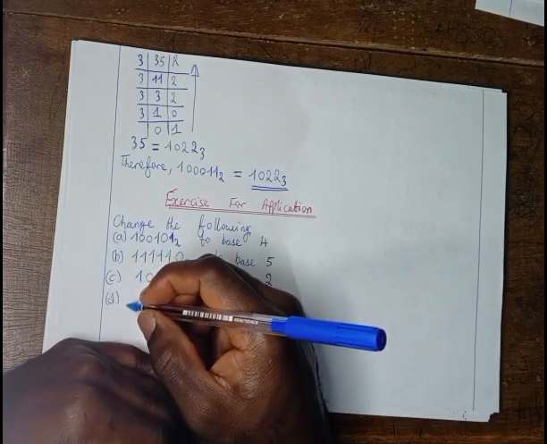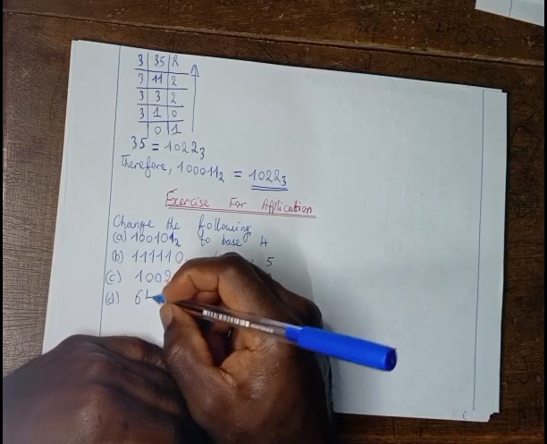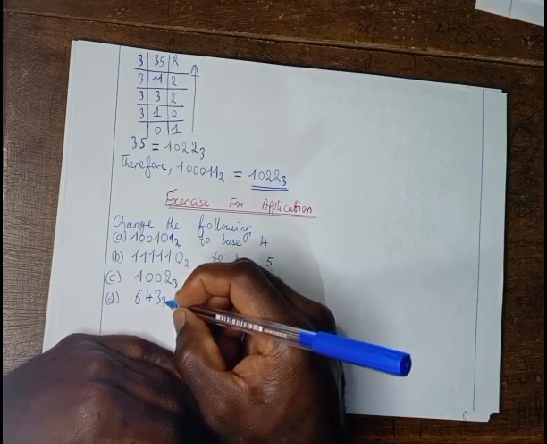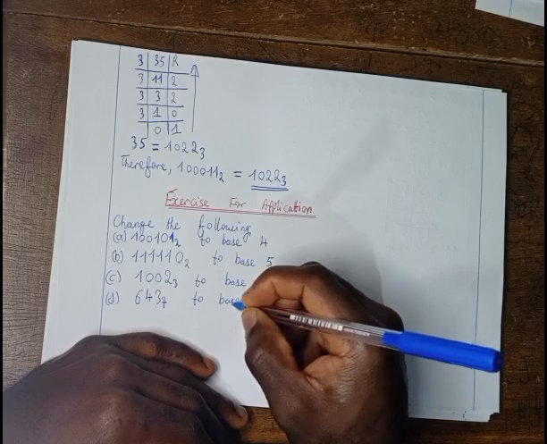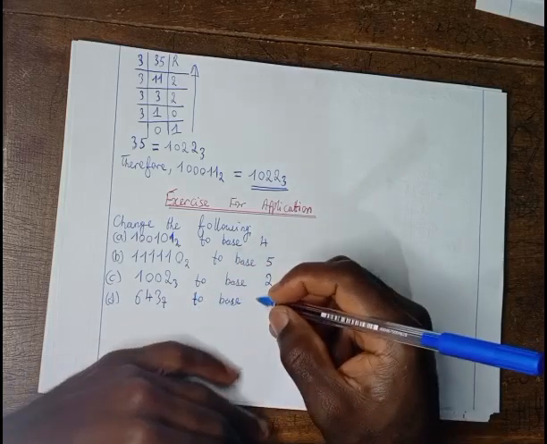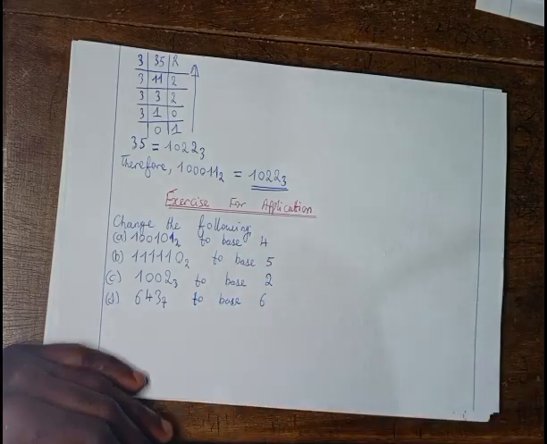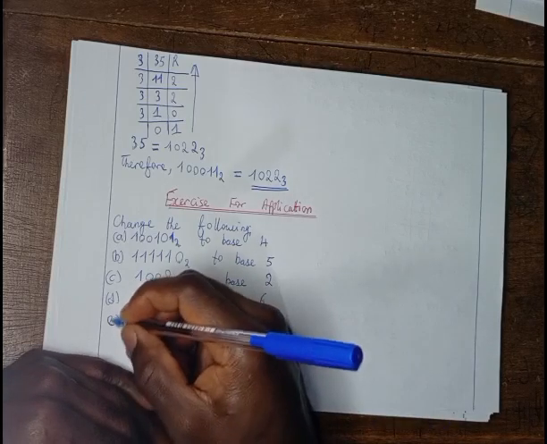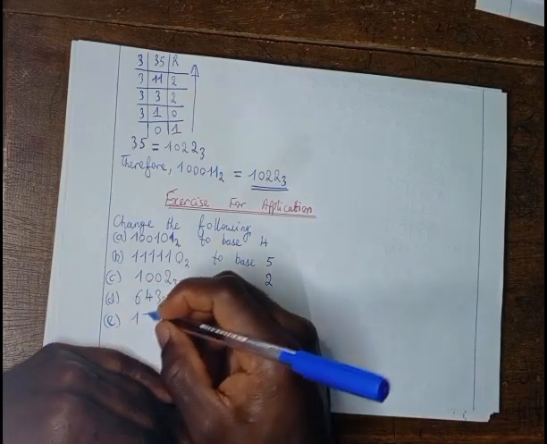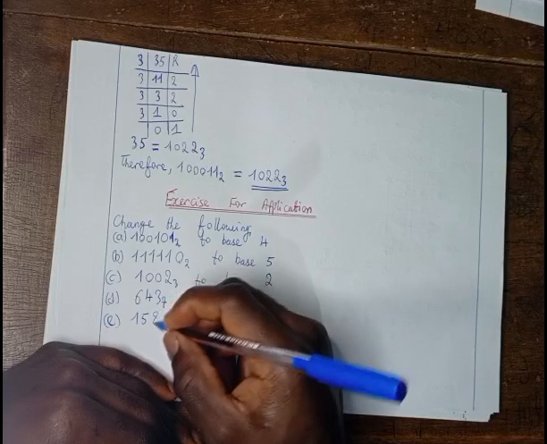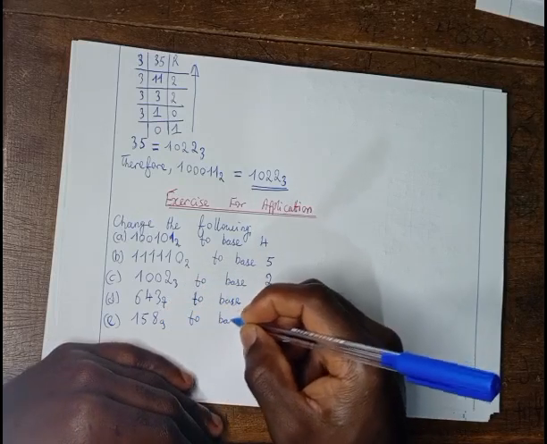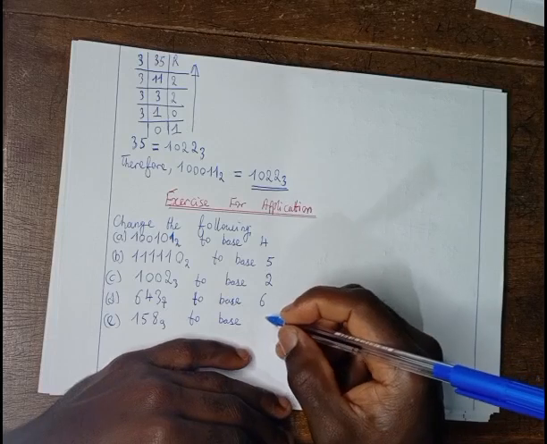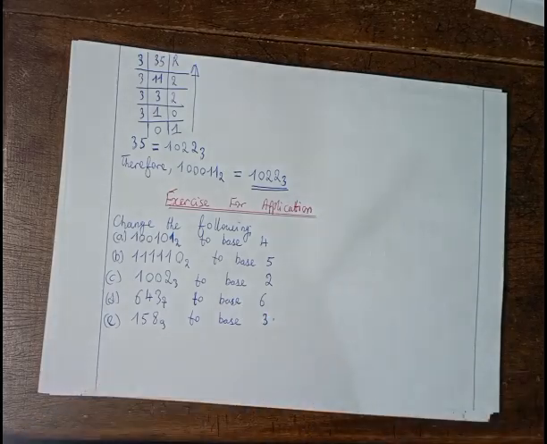D, we have the number 6 4 3 in base 7. We have to change this to a new base 6. Next, we have the number 1 5 8 in base 9. We have to change it to a new base of 3. These are the exercises we have.